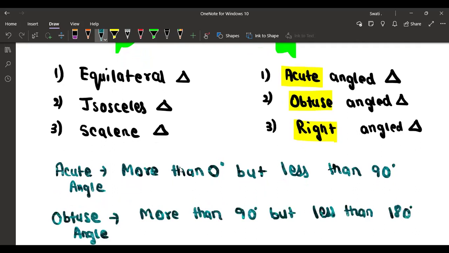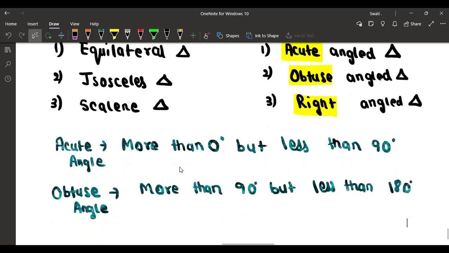Just like we said, acute angle triangle is a triangle in which all the three angles are going to be acute. In an obtuse angle triangle, not all the three angles are obtuse, but only one angle is obtuse. So what about the other two angles? The other two angles have to be acute only, right?